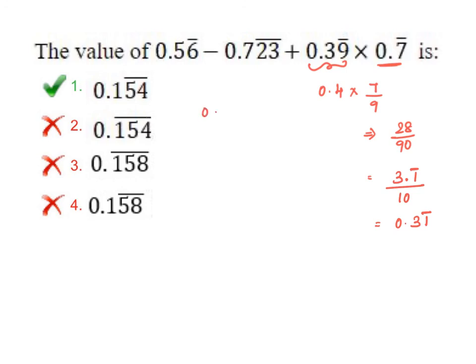So 0.56 bar plus 0.31 bar, add it, 0.87 bar.